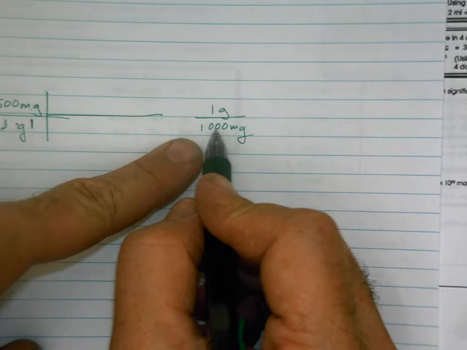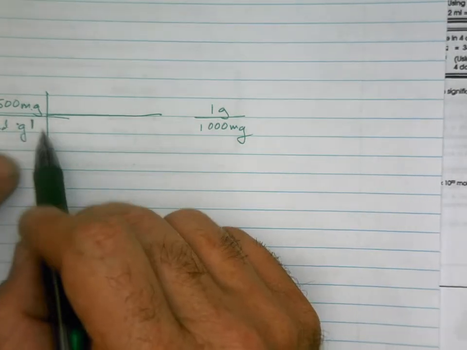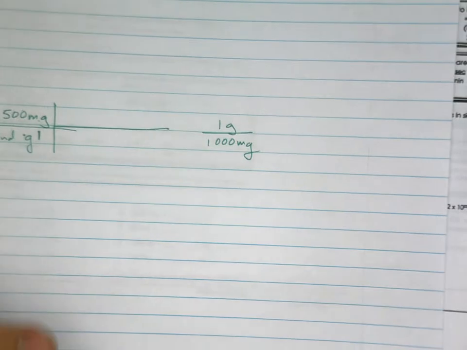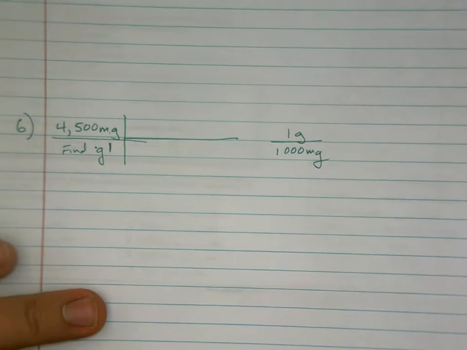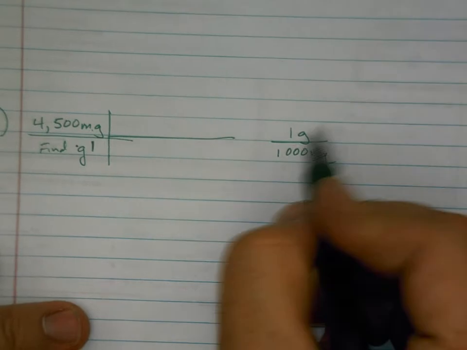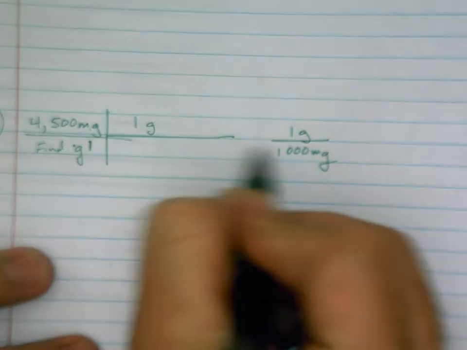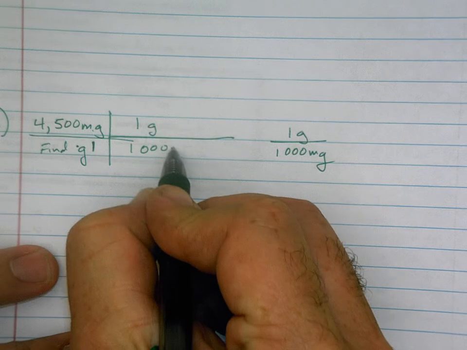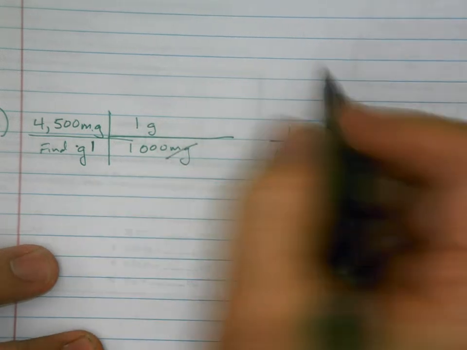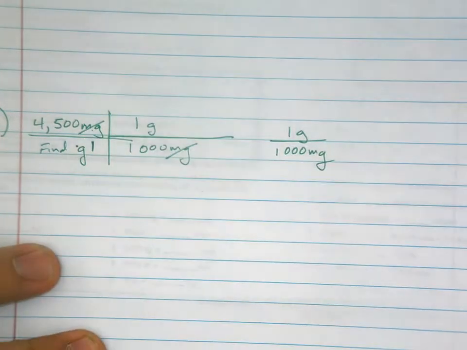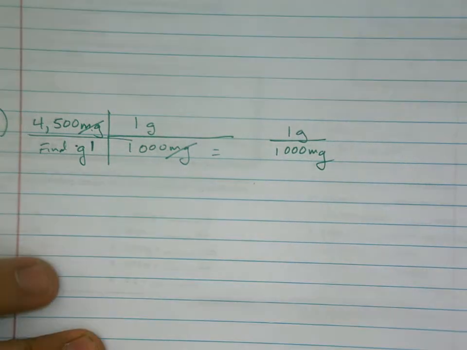And actually, it turns out this is the fraction we need because we want to get rid of milligrams. So I'm going to put this fraction there, 1 gram for every 1,000 milligrams. That cancels. We know we set it up right. You probably don't even need a calculator to do that.